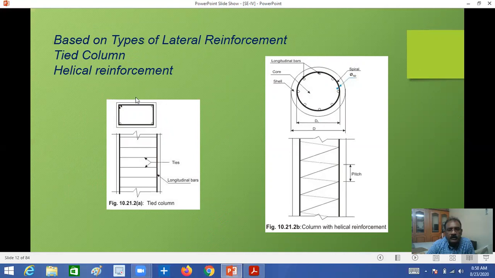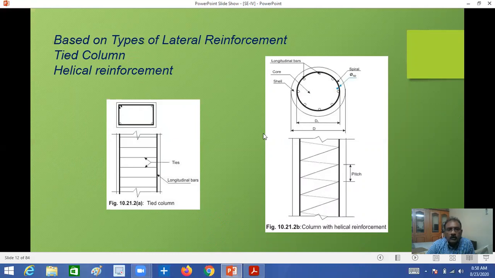If you see, this one is a square or rectangular column having ties. And this is a spiral column. Spiral means it will go round around your circle.